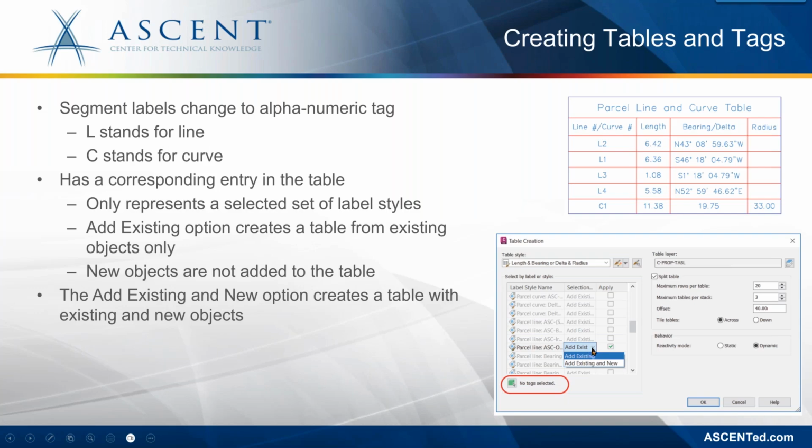And in this case, I can add existing table labels or existing and new. And so that any new labels I add with that particular label style will get added to the table. However, there's a very strong caveat of this in that I never could get that to work. And I'll explain that in a minute as well.